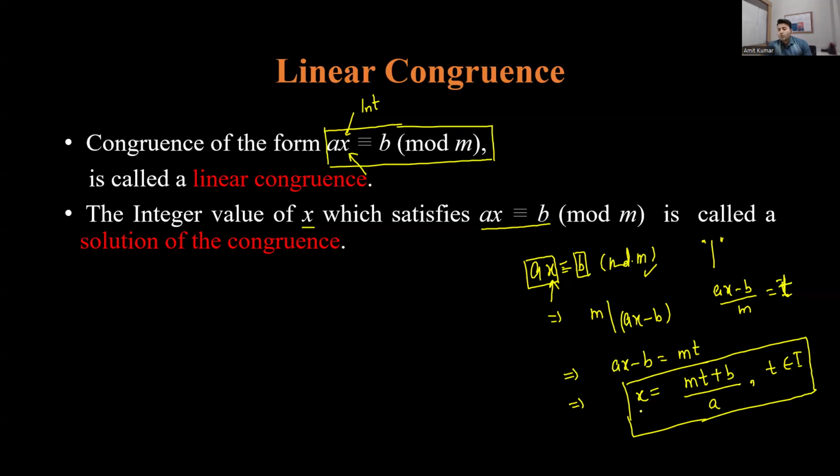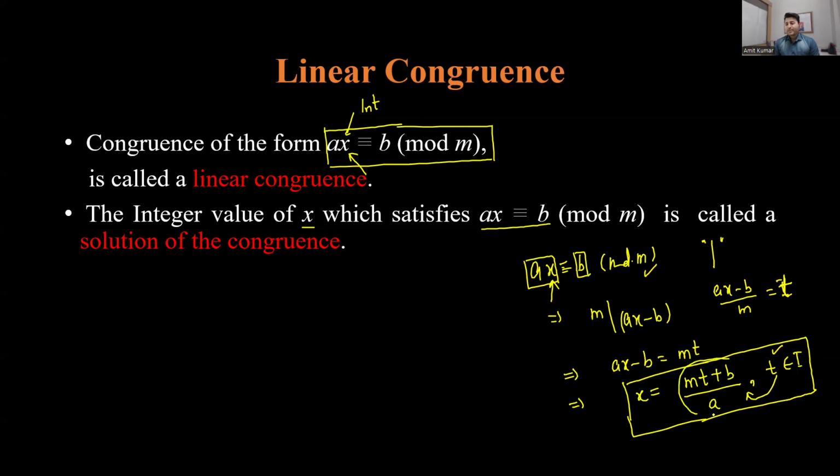That means we are searching for those values of x which satisfy this given equation, and to obtain those x, x is the value of m times t plus b upon a, where t is some integer. So we take some integer value t and put it in this expression.